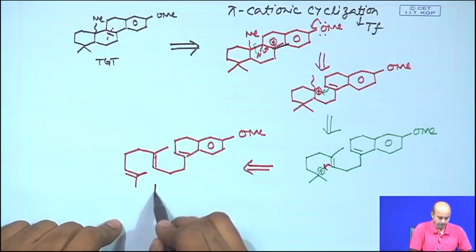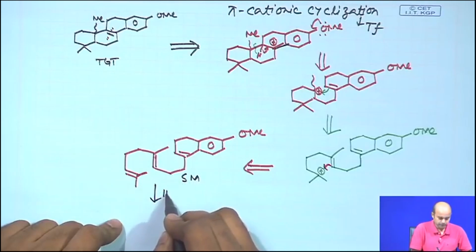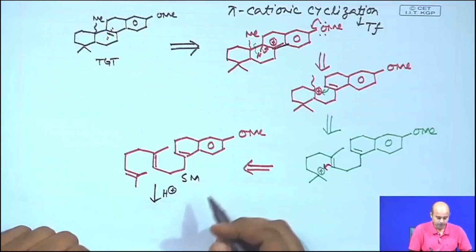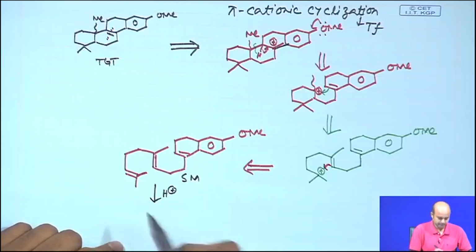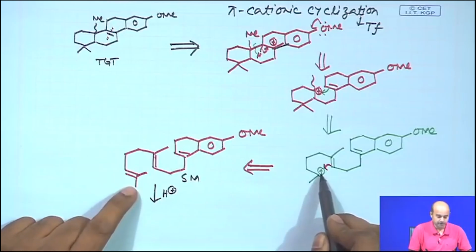So, if this is the starting precursor, you just subject it to H plus, like the standard way you do a Markovnikov reaction. This will generate this stable carbocation because it is a 3 degree carbocation.